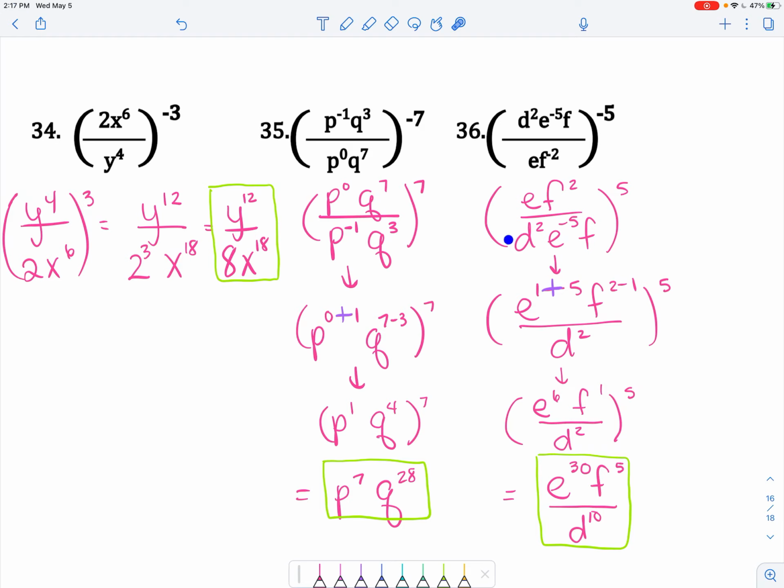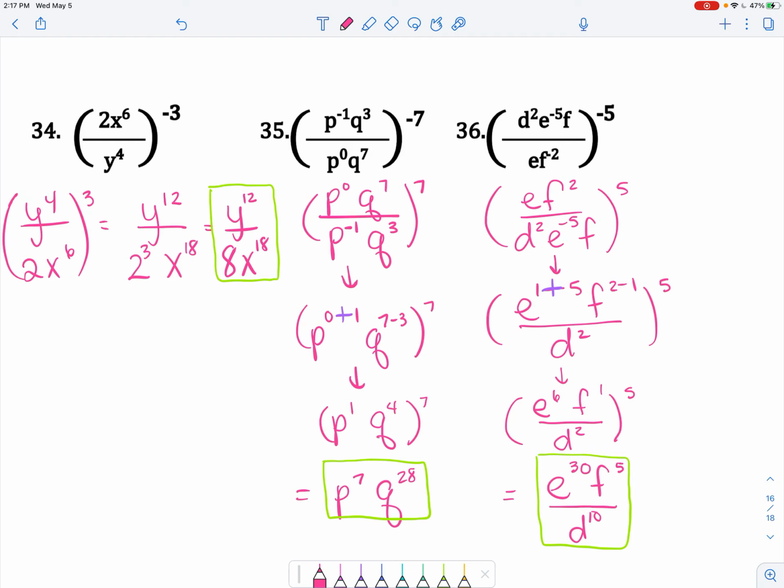For 36, I flipped everything in that fraction first, and then I subtracted the exponents for the matching bases. So we had a matching base e and a matching base f, but the power that has base d did not have any other matching base in the numerator, so I left that in the denominator and only moved bases e and f as if they were in the numerator to subtract their exponents.